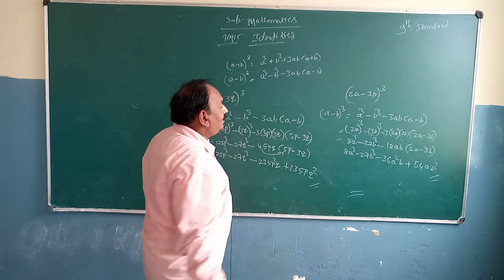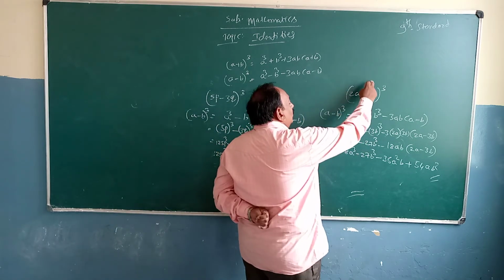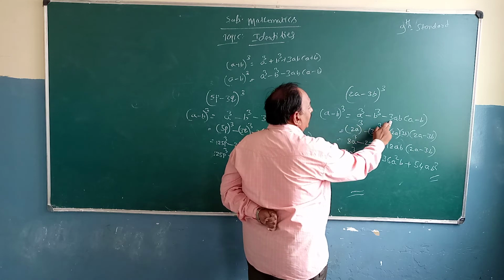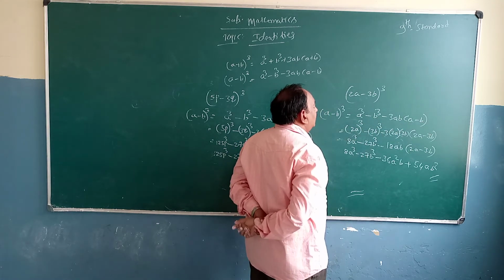I will explain that again. 2a minus 3b whole cube, a minus b whole cube, a cube minus b cube minus 3ab into a minus b.